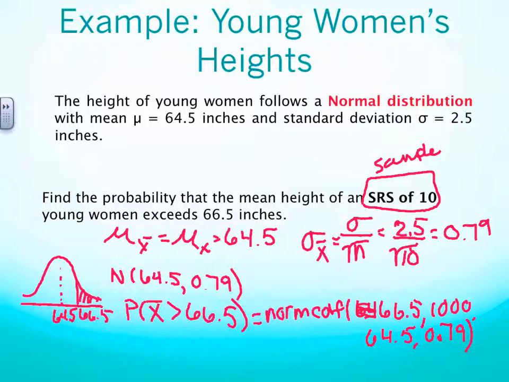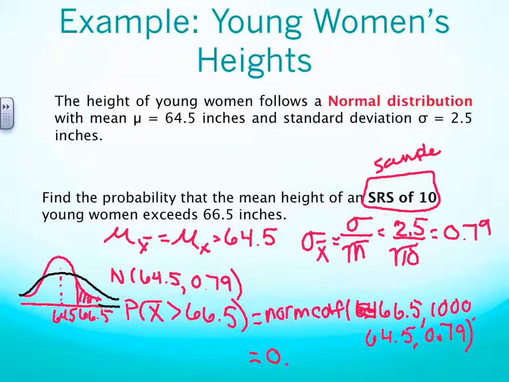My next slide will show the difference. For the population, my curve would have been not so tight together, because the standard deviation was 2.5, so it would have been stretched out slightly differently. I didn't put down the answer, sorry.